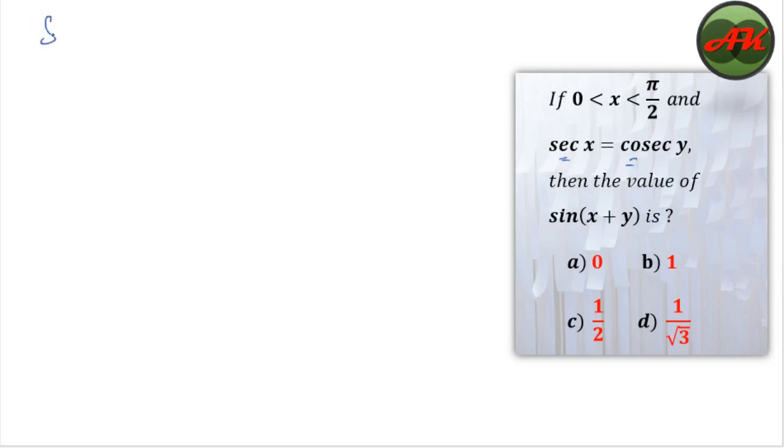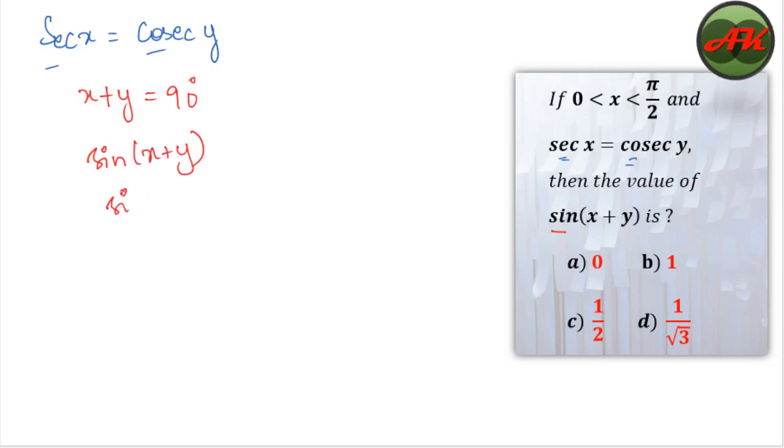So here secant x is equal to cosecant y. So these two terms are complementary to each other. So I can write x plus y is equal to 90 degree. They are asked to find sine of x plus y. So sine of 90 degree. Sine 90 degree is 1. So B is the answer.